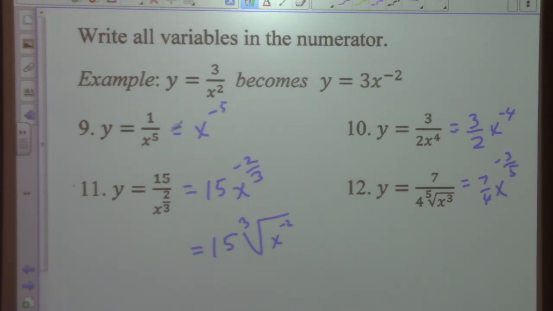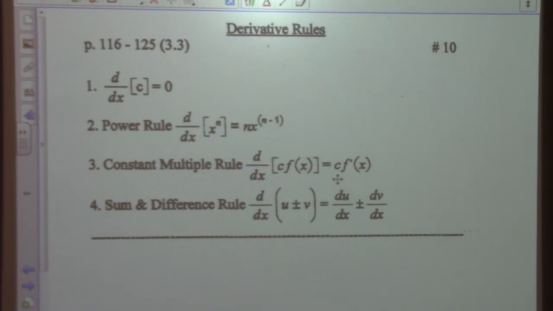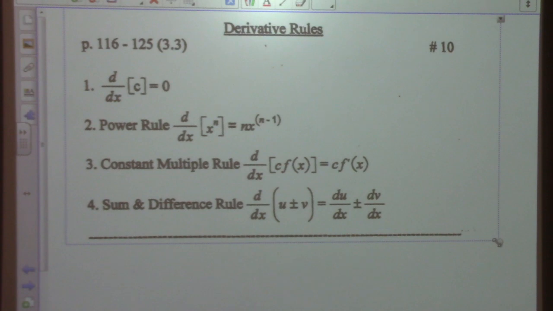Okay. So anyway, just some things, because what we're going to be doing shortly is manipulating between radical and rational form to do what we're doing next, which is really derivative rules. Okay, this is the big deal right here today.